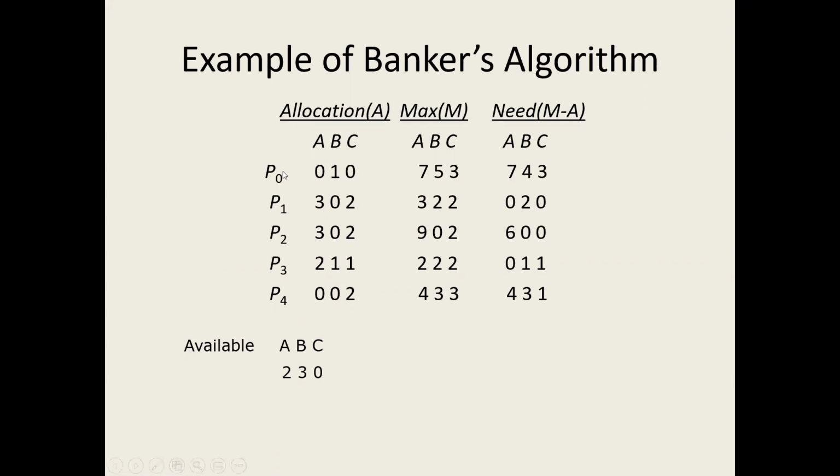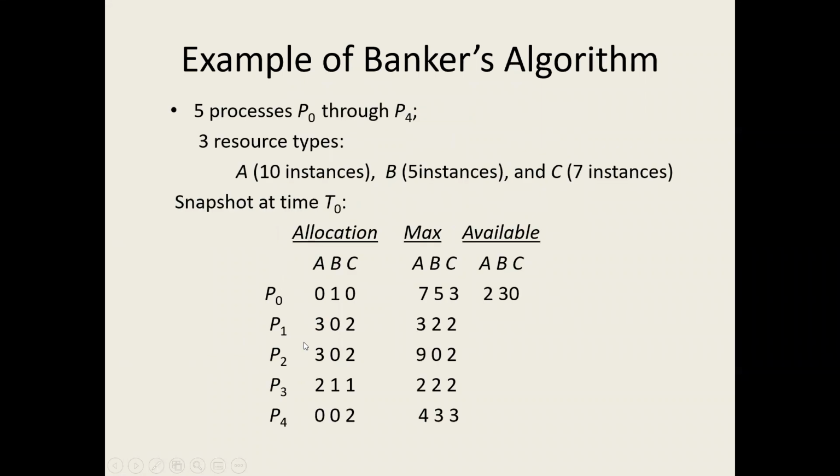Right. So the allocation matrix, maximum need, and then the current need. Right. And then we can determine the available matrix. So available matrix is also given in the example.